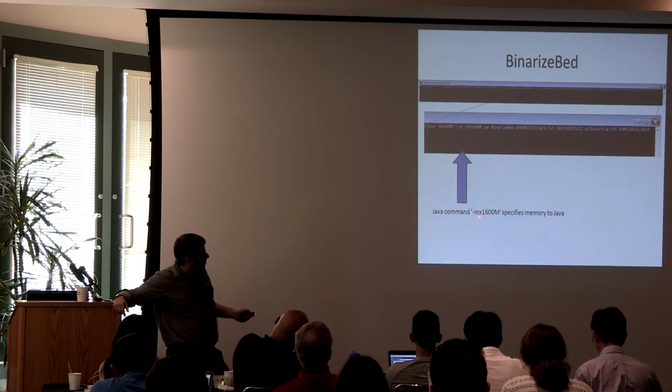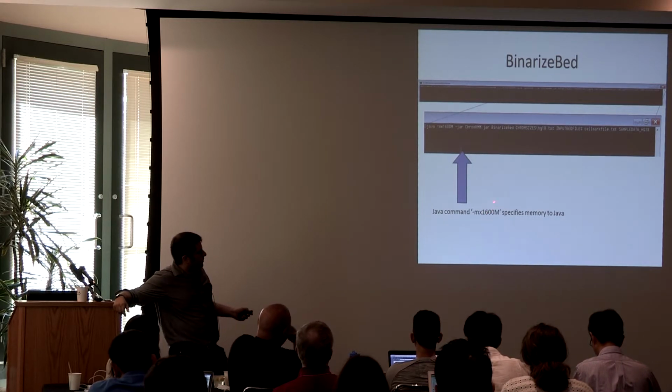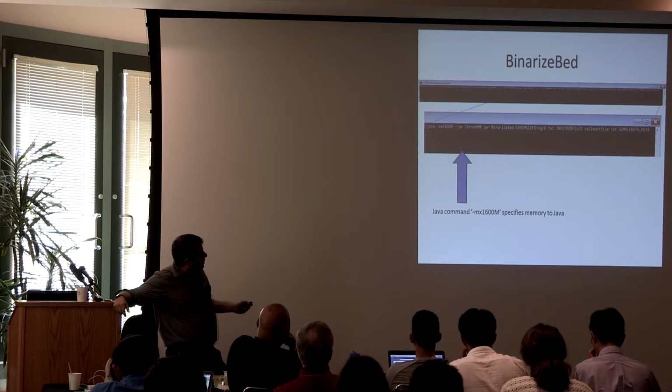This is saying 1,600 megabytes. If you're working with bigger files, you're probably going to need to increase this. And then -jar ChromHMM.jar, which tells it to execute this jar file.